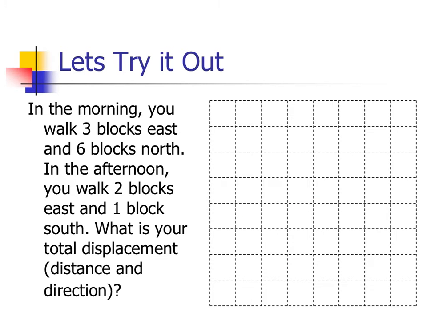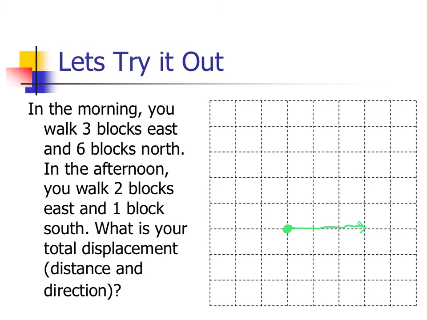So let's try an example. All right. In the morning, you walk 3 blocks east. I'm going to point my start. 1, 2, 3. Then I go 6 blocks north.